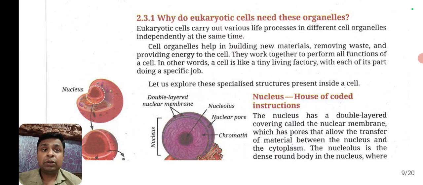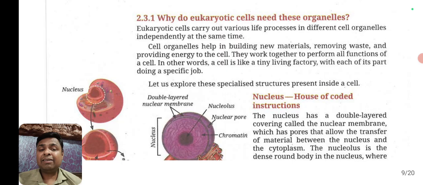So see what they do. First, they build new material. Remember, protein building. Protein building is the most important thing. Our body is all made up of proteins. Okay, protein is a major body building substance. Remove the waste. Whatever is not required, we have to remove that and provide energy to the cell. They work together to perform all functions of the cell.